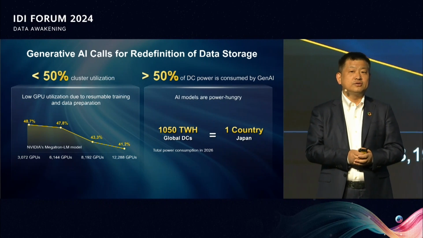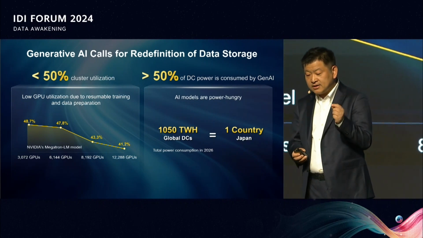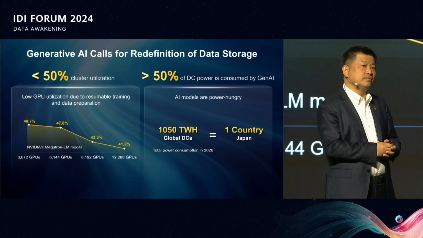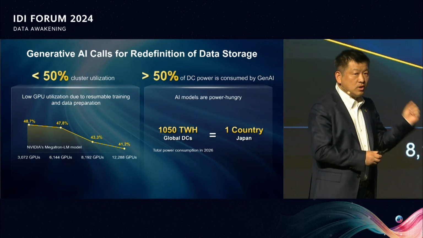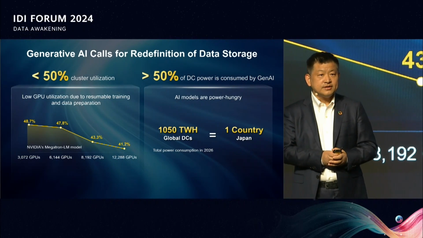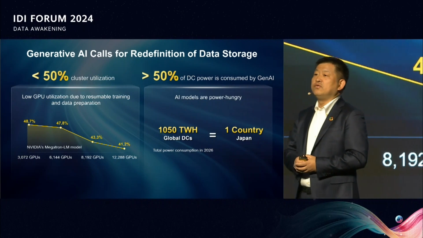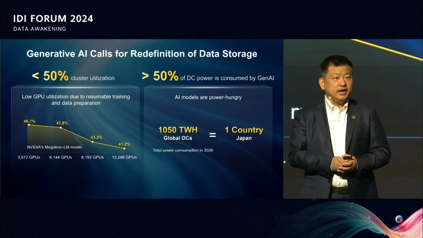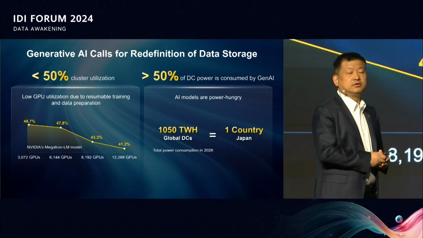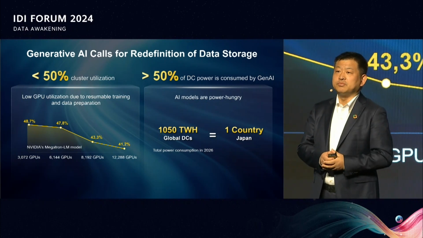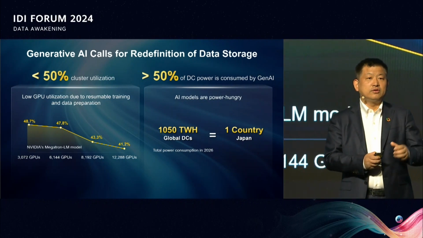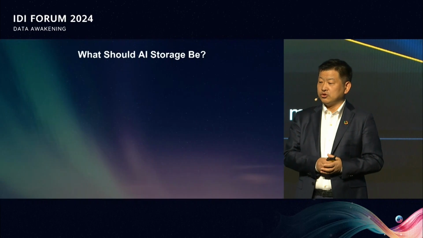Today, if we use ChatGPT to understand 1,000 characters, it needs to spend a lot of energy, somehow equivalent to 1,000 families' energy use for 1 year. So efficiency is really the key factor for the generative AI data center. And data storage must keep improving the energy consumption and the utilization of the GPU. So it's the right time to define next generation data storage to fulfill this mission.